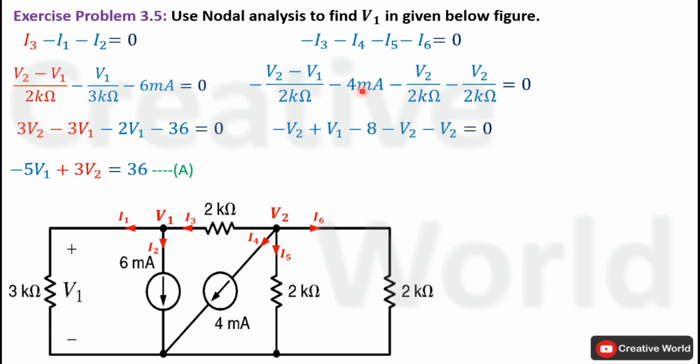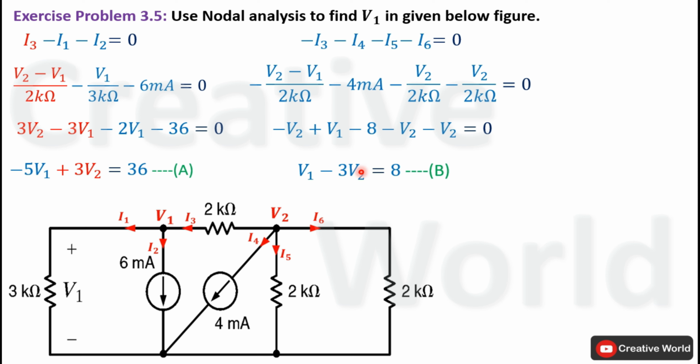Here the product of 4 milliampere and 2 kilo ohm will result 8 volt. Now place this constant value on the other hand side of equal and add values having same variables together. The equation will become V1 minus 3V2 equal to 8. We cannot further solve this equation, so leave it for now and label it as equation B. It is the second node voltage equation of this network.